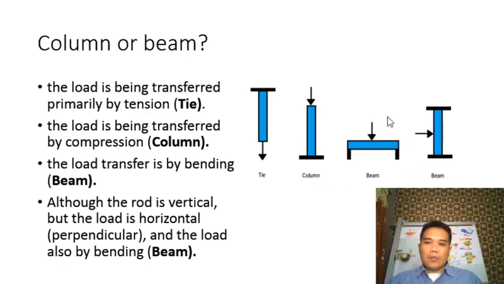But if this load is not in the axis but perpendicular to the axis, then we'll have a beam. Most beams will work like this. That's why a beam will easily have bending and moment as well. So the load transfer in the bending way we call beam.